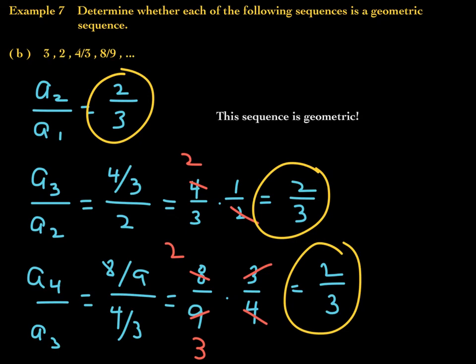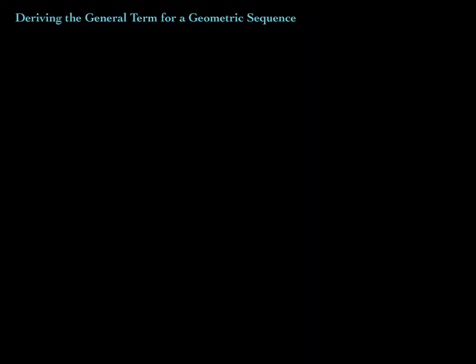All right, pretty cool. Now, in order to study geometric sequences in detail, we're going to have to derive the general term for a geometric sequence. So let's do that now. All right, so go with me here, folks. The first term in a geometric sequence is a sub 1, comma. The next one will be found by multiplying by your common ratio, call it r.